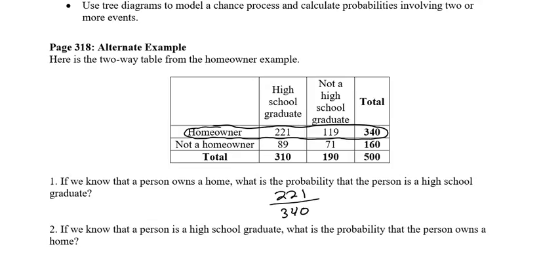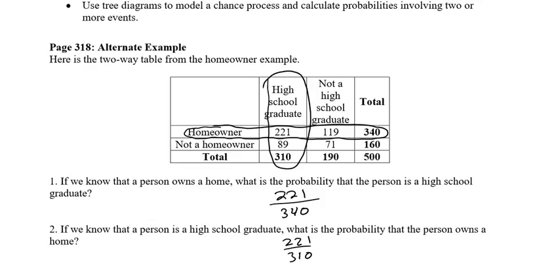And if we know the person is a high school graduate, what's the probability that the person owns a home? Well, we know they're a high school graduate, so we'd be using this information. And so that would be 221 out of 310.